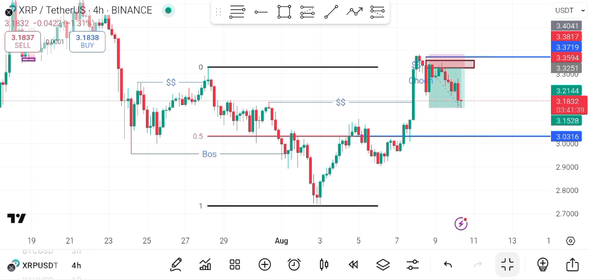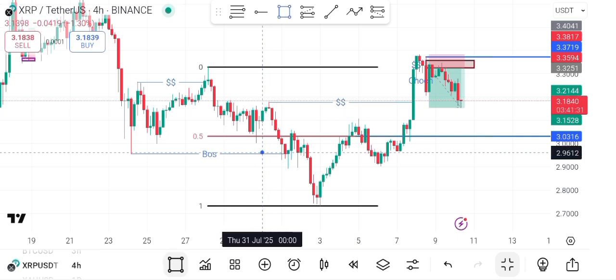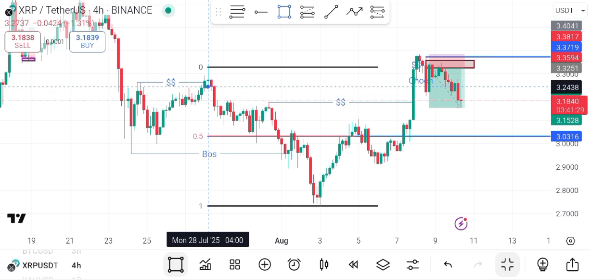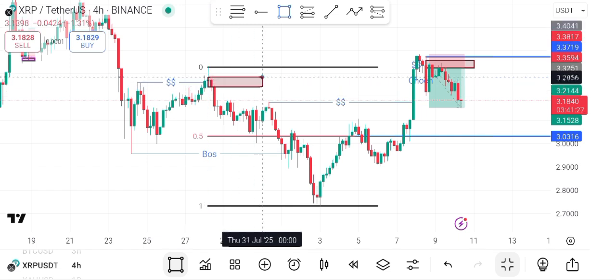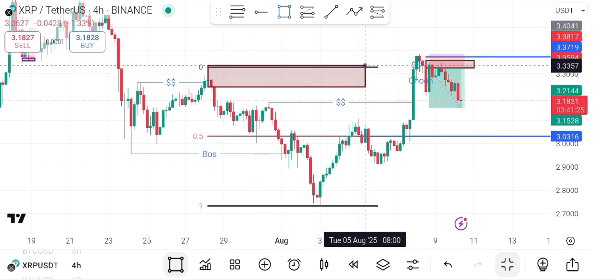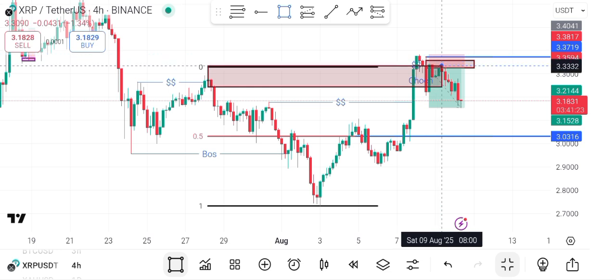It's either the last red candle before the bullish trend or the last green candle before the bearish trend. So right there I have this green candle. That's my order block. But this is a 4-hour time frame and I'm using the 15-minute time frame.